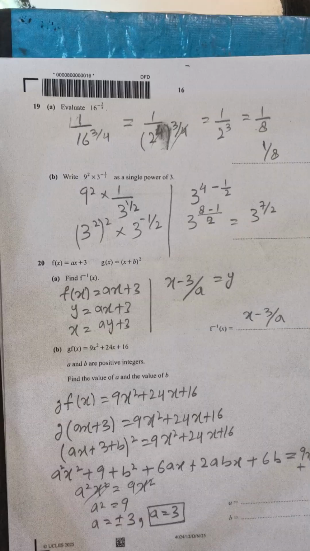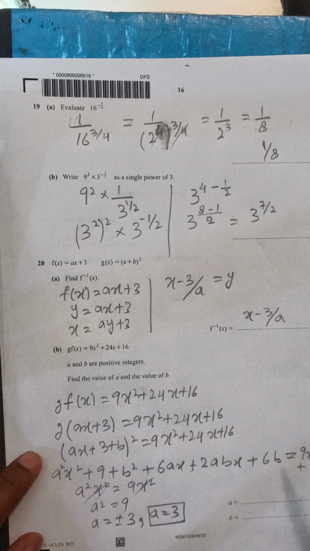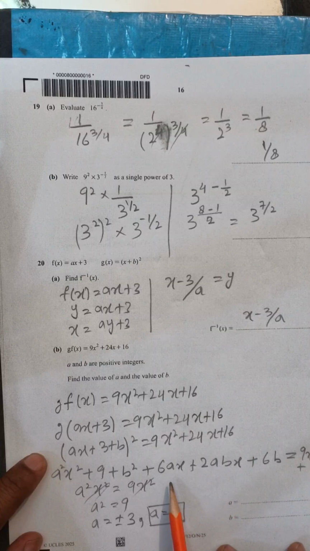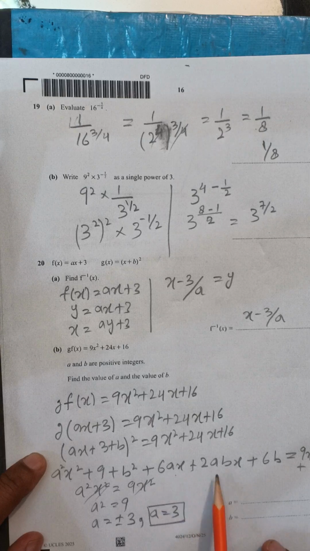Okay, so next is to find out the value of b. Now compare for the b value. Where is the value of b? Value of b is in the case of x. Okay, so this term, then this term.